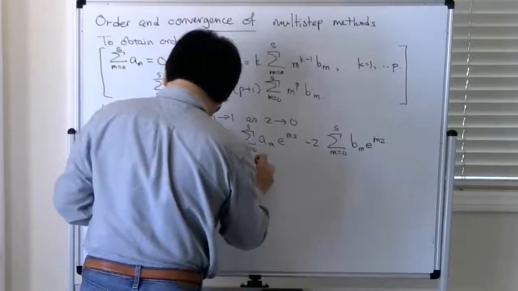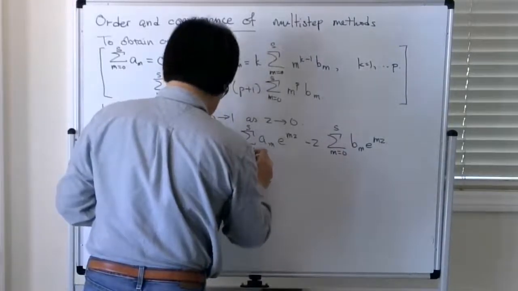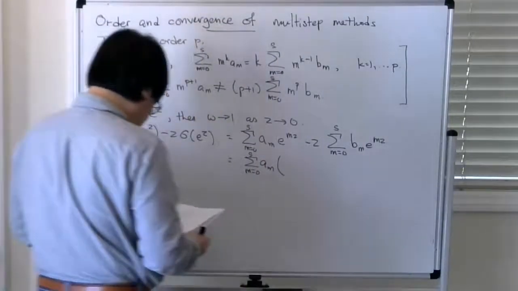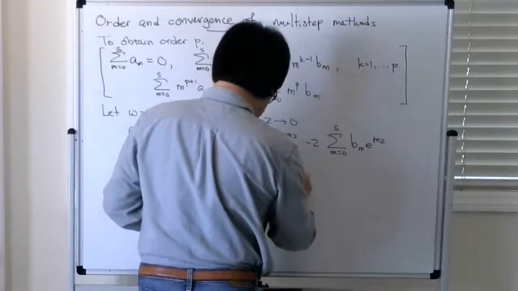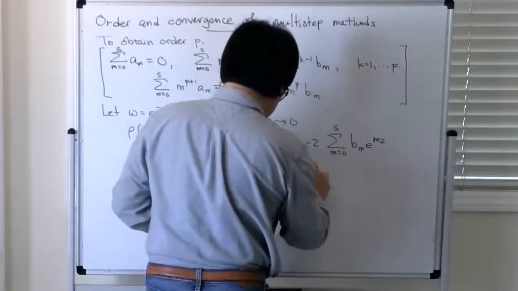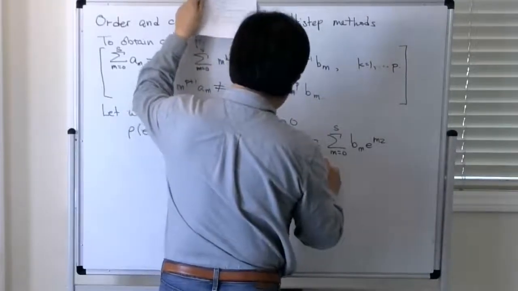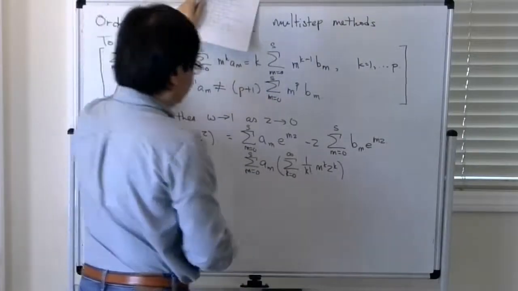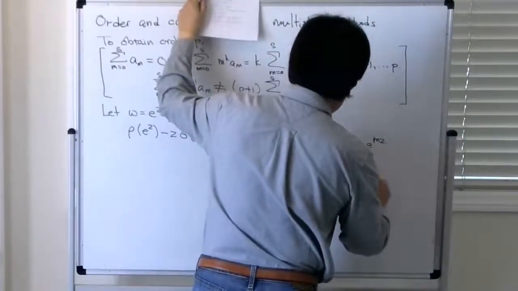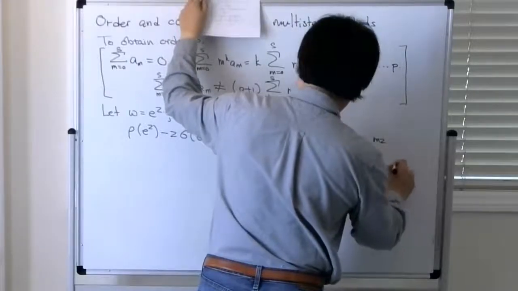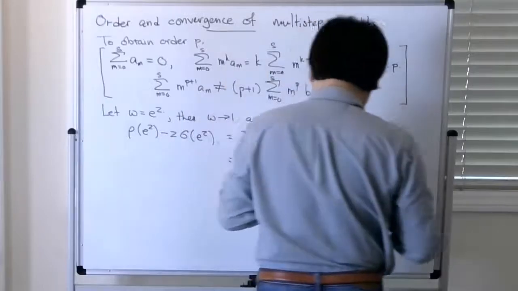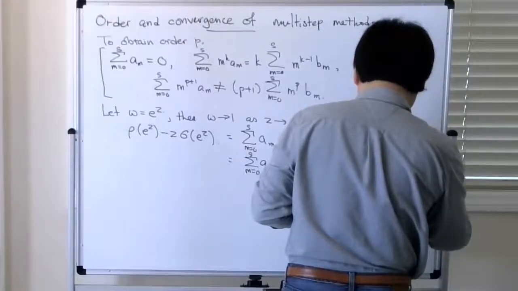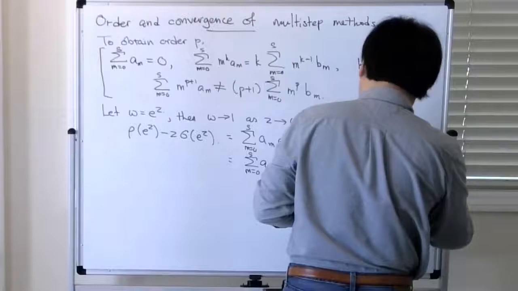So you get the sum from m equals 0 to s of a_m, and I'm going to replace this with the Taylor expansion, the sum from k equals 0 to infinity of 1 over k factorial m^k z^k, minus z times the sum from m equals 0 to s of b_m, sum from k equals 0 to infinity of 1 over k factorial m^k z^k.